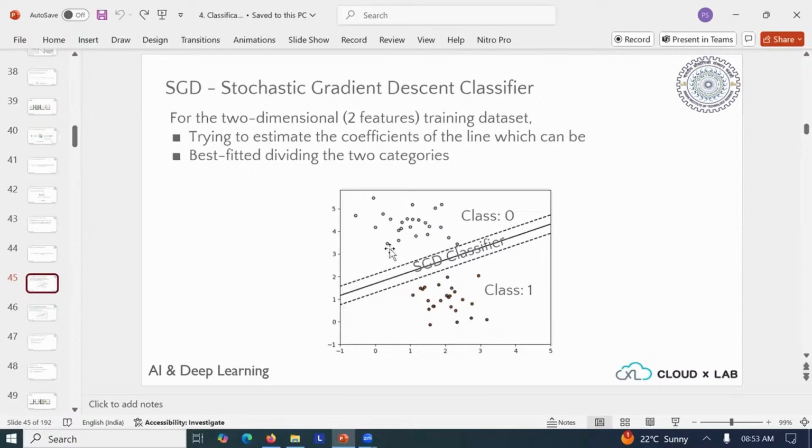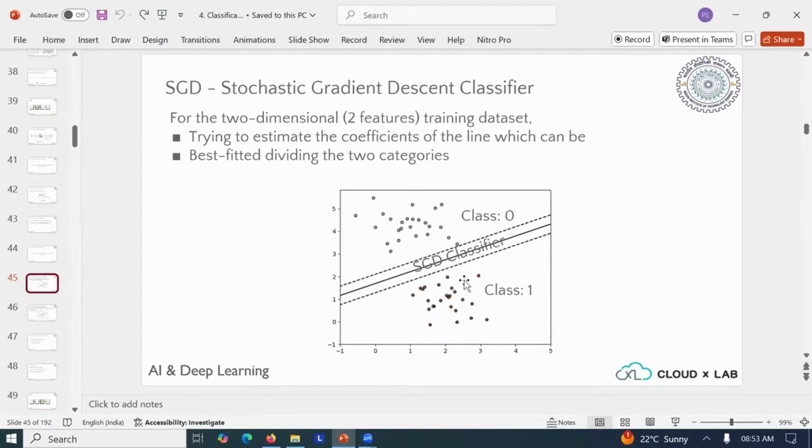If you put x1, y1 in this equation of line, you will get a positive value if the point lies above this line. So if a point lies above this line, we get a positive score, and if a point lies below this line, we get a negative score.